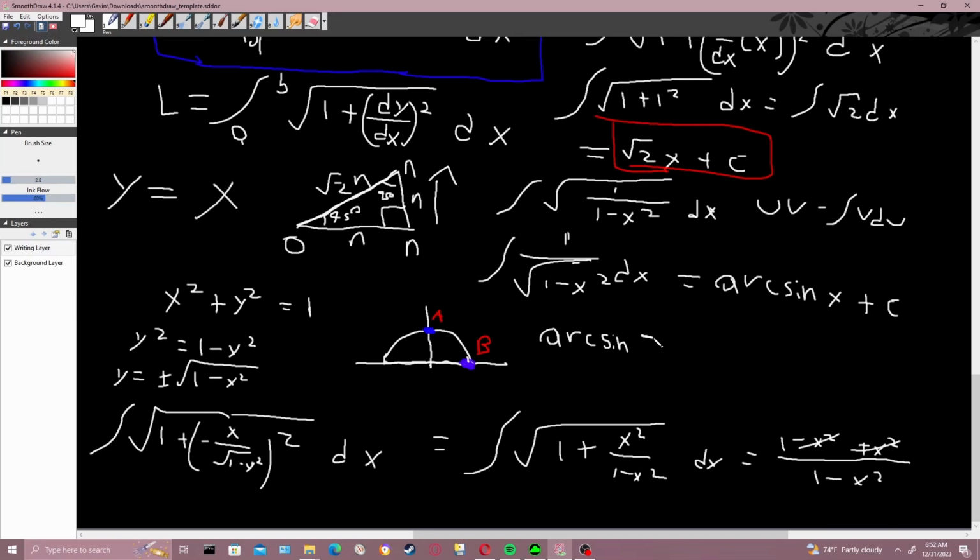So now our arc length is pi over 4. I actually think I solved for the wrong thing. Because now we have arc sine pi over 4. Let's say this length is equal to pi. This would be pi over 2. I'm yapping. This length, if this was a 90-degree angle, would be from A to B. It would be pi over 2. And arc sine of pi over 2 is 1.